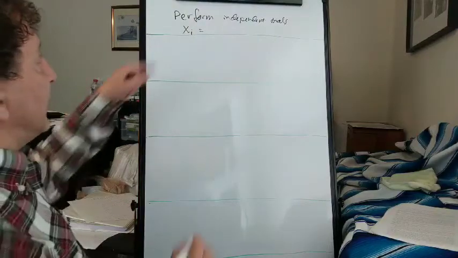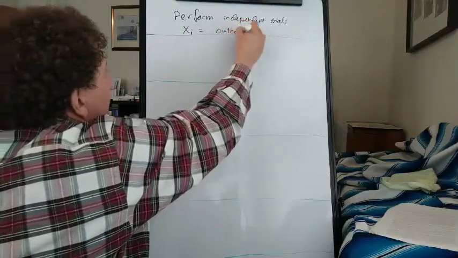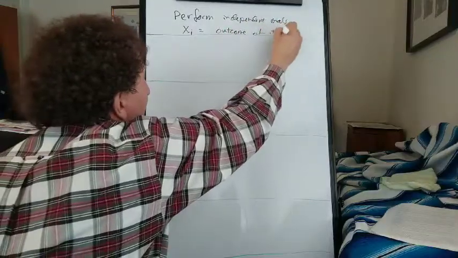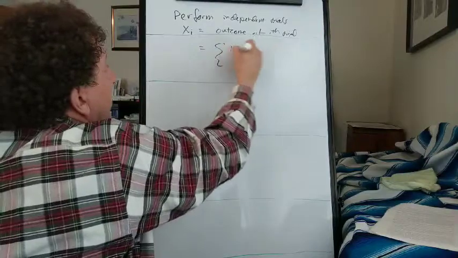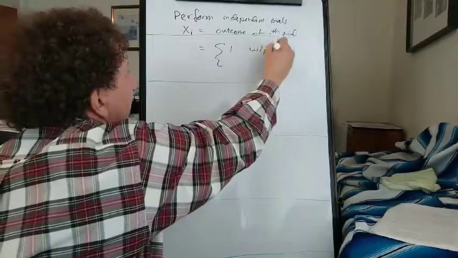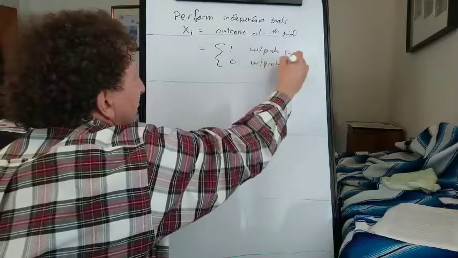Let's say the ith trial is xi, the outcome. And this is 1 with probability p, 0 with probability 1 minus p.